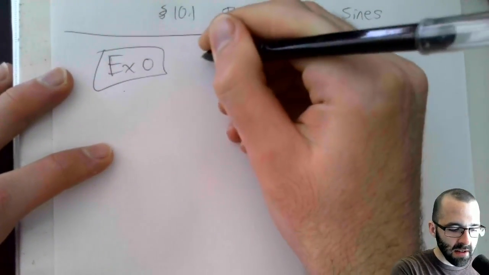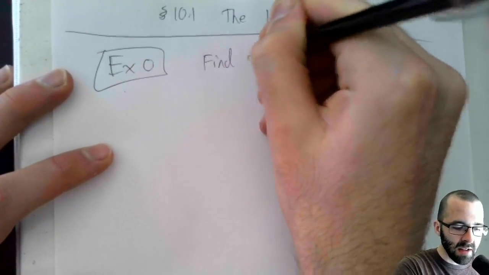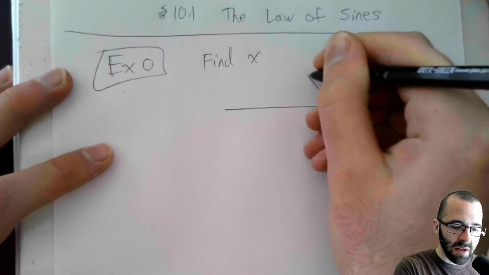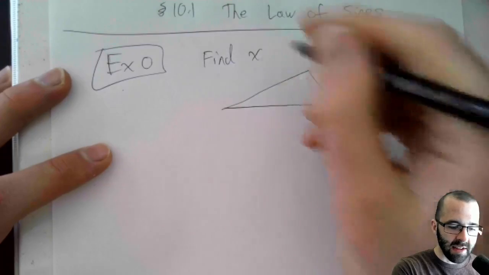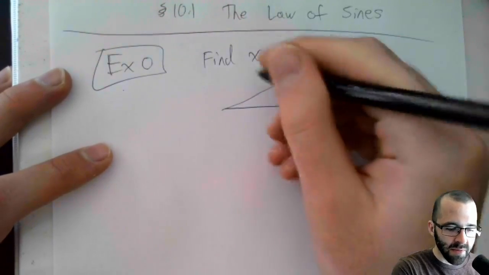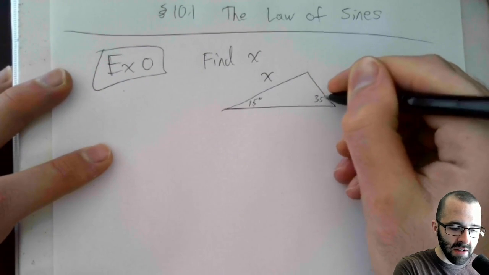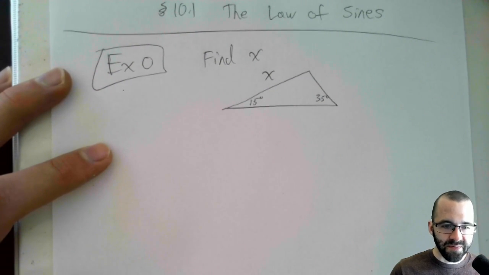All right, find x, okay, where I give you some triangle like this. This is what you're supposed to solve. We know that this is a 15-degree angle. We know that this is a 35-degree angle.